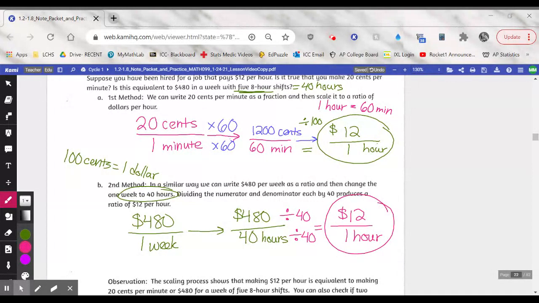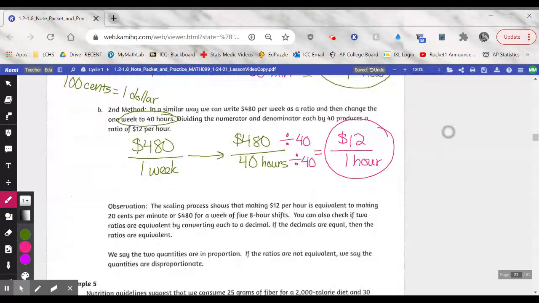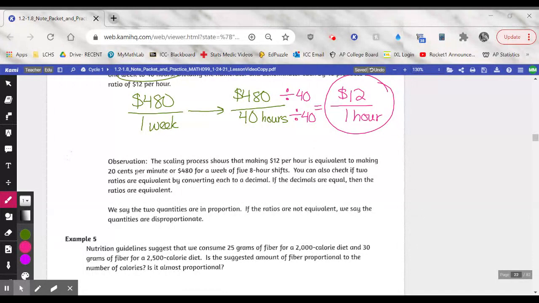So in either scenario, we get $12 for every 1 hour. As an observation, the scaling process shows us that making $12 per hour is equivalent to making 20 cents per minute. So $12 per hour is the same as 20 cents per minute, or $480 a week when you work 40 hours.